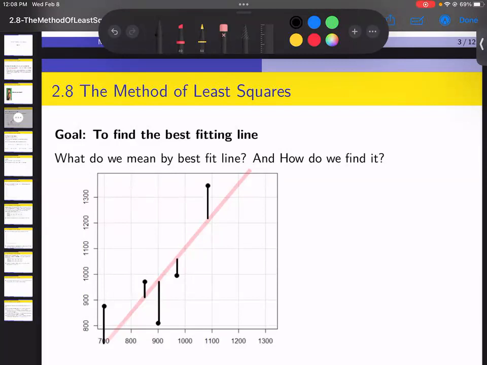Now, what I'm going to do next is draw a square on each of those distances. Of course, my squares are not perfect.